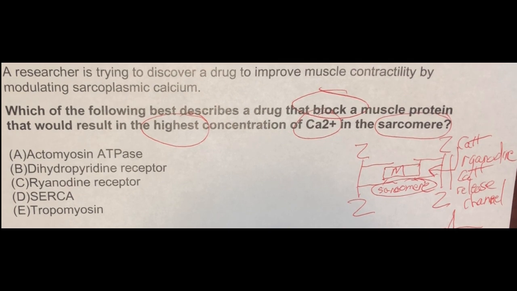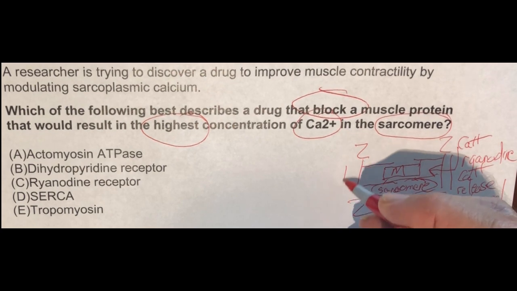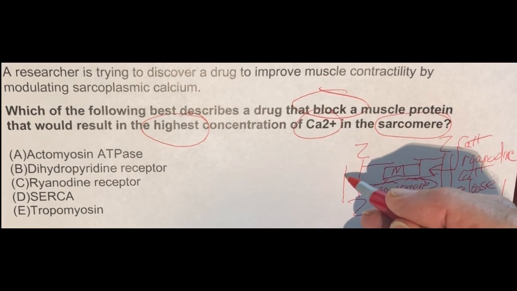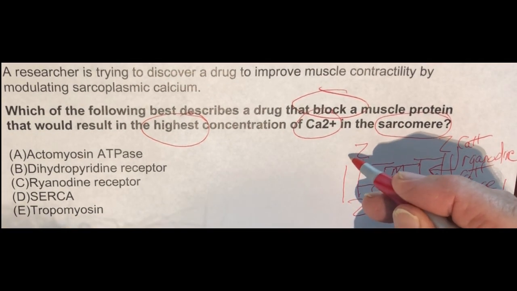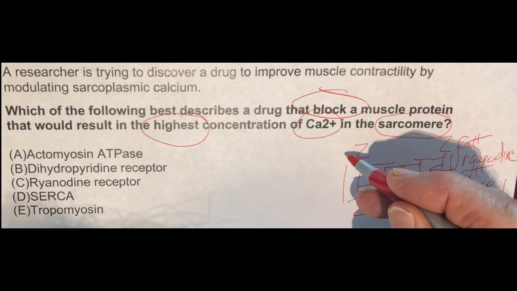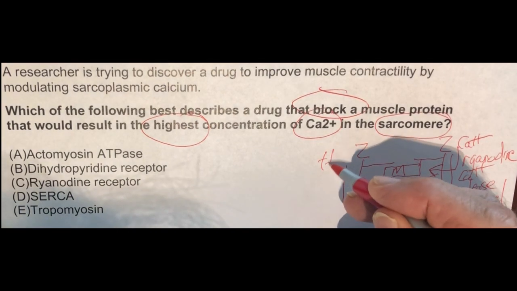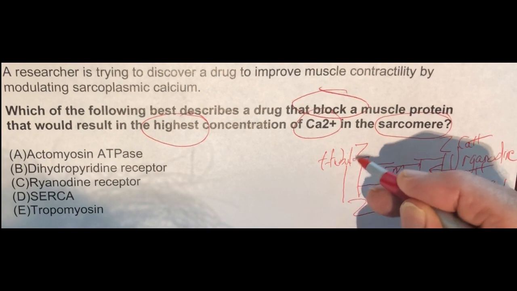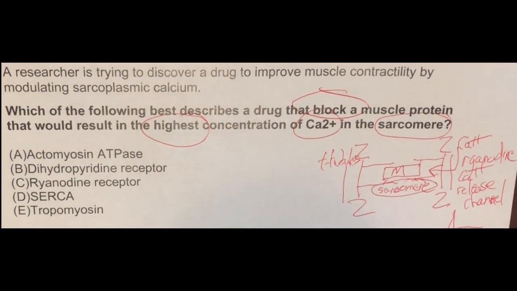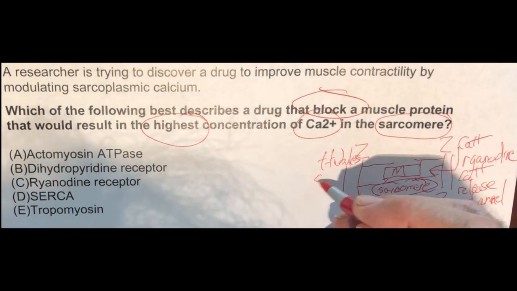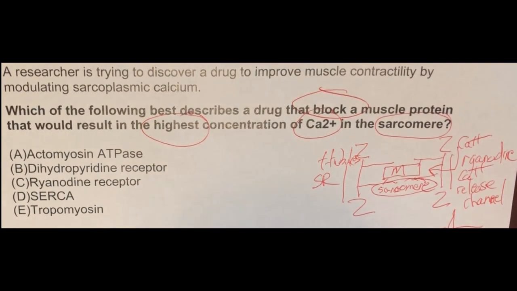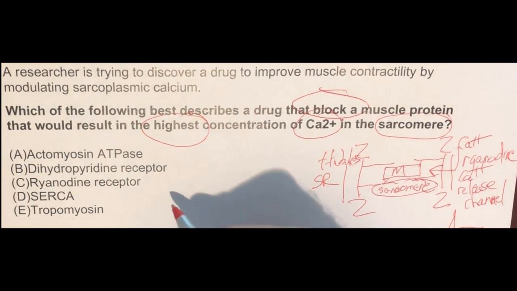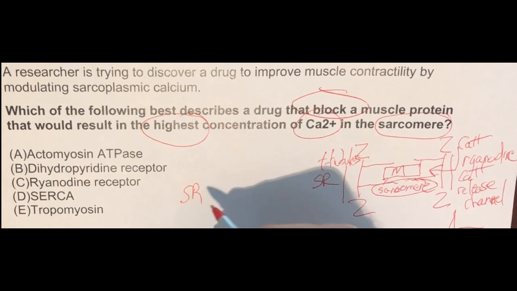Now let's look at SERCA. What is SERCA? Well, if this is the calcium release channel here on this side of the Z-line in the T-tubules associated with the sarcoplasmic reticulum, SERCA stands for sarcoplasmic reticulum calcium pump.